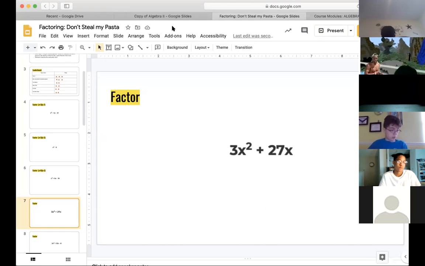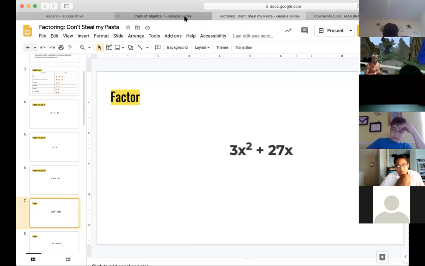So first team to get their answer in the chat, team 1 and the sixth team. All right, 3x times x plus 7.